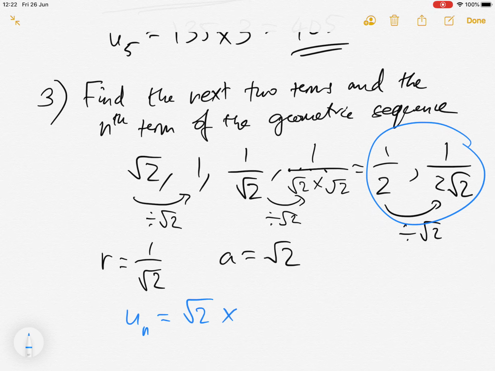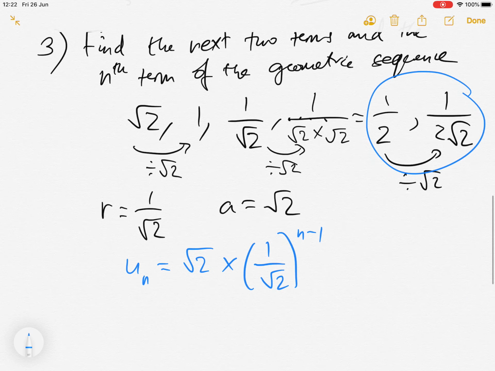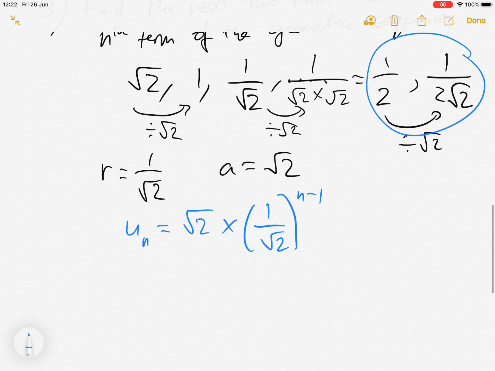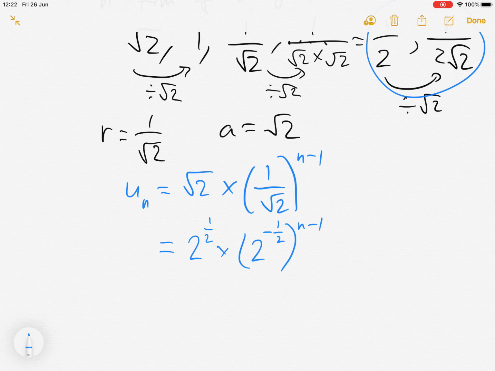And then the nth term is a times r to the n minus 1. That's a little bit ugly the way it's written there, so let's try and write it maybe as a power of 2, which would be a bit nicer. Recall that root 2 is 2 to the half, and 1 over root 2, the reciprocal, is a negative power, so this is 2 to the minus a half, to the n minus 1. And then we can multiply the powers here. So we have 2 to the half times 2 to the minus (n minus 1) over 2.